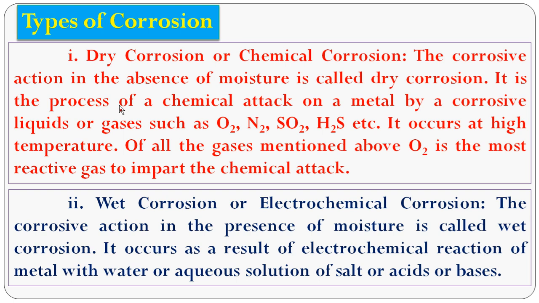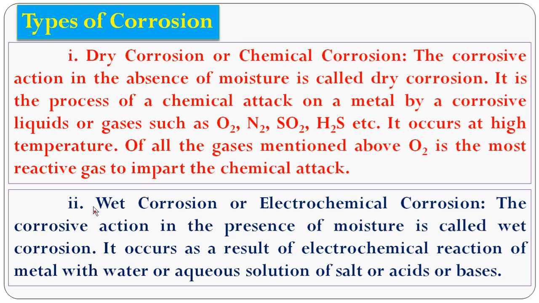It is a process of chemical attack on the metal by gases such as oxygen, nitrogen, sulfur dioxide, hydrogen sulfide, etc., and it occurs at a high temperature. Out of all these gases, oxygen is the most reactive gas to impart the chemical attack on the metals.